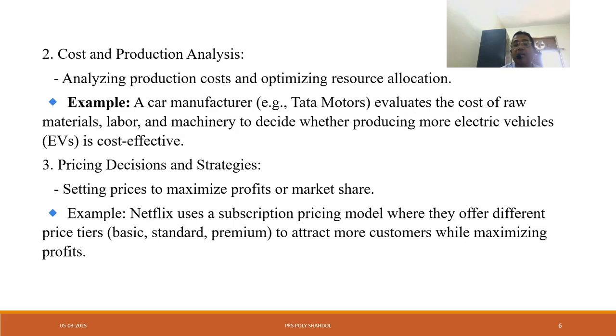That's why they have kept different types of pricing: basic pricing, standard pricing and premium pricing according to the customer. Somewhat middle class families, upper middle class and higher class. So this segmentation enhances the maximum profit.